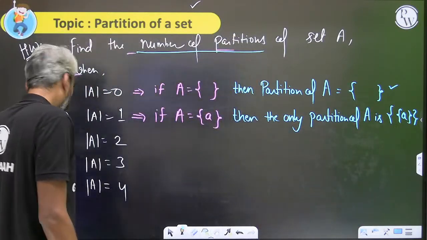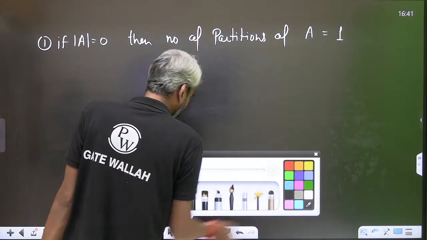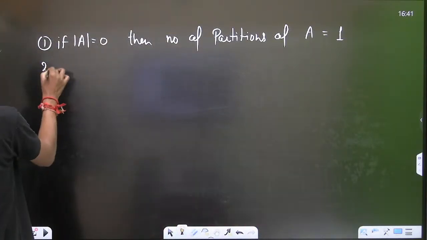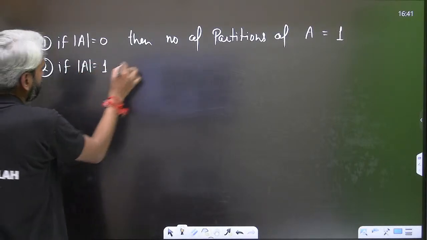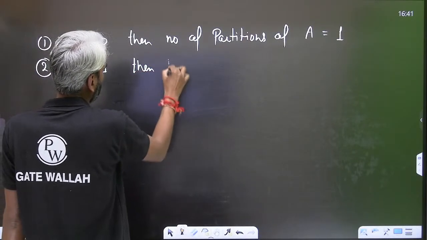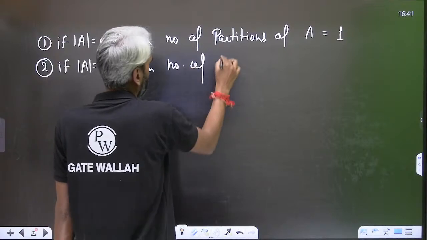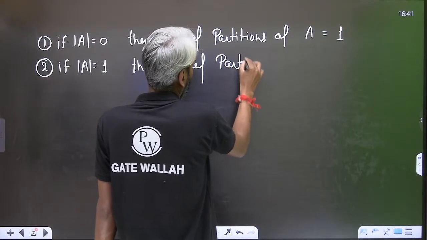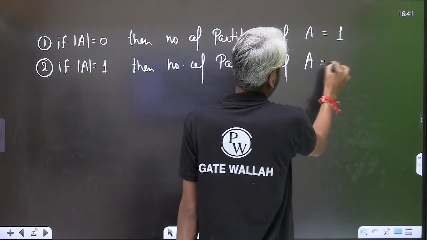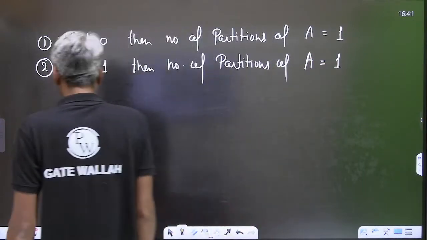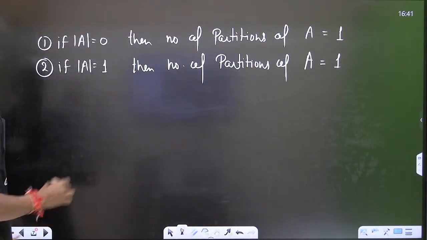Again, if mod A equals 1, then the number of partitions of A will be 1. Second, mod A equals 1, then the number of partitions of A is 1. Okay sir.